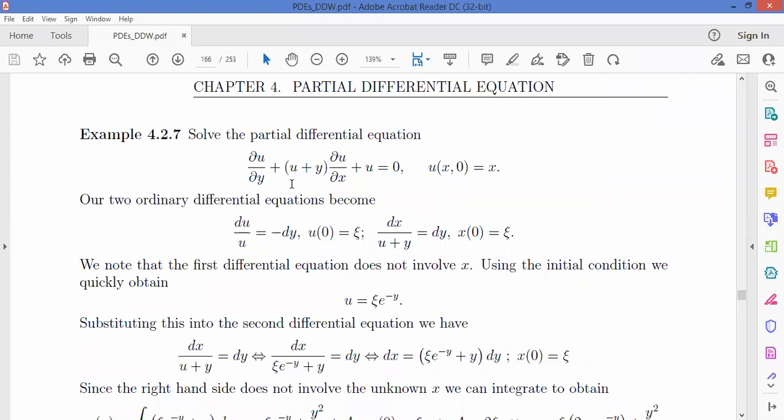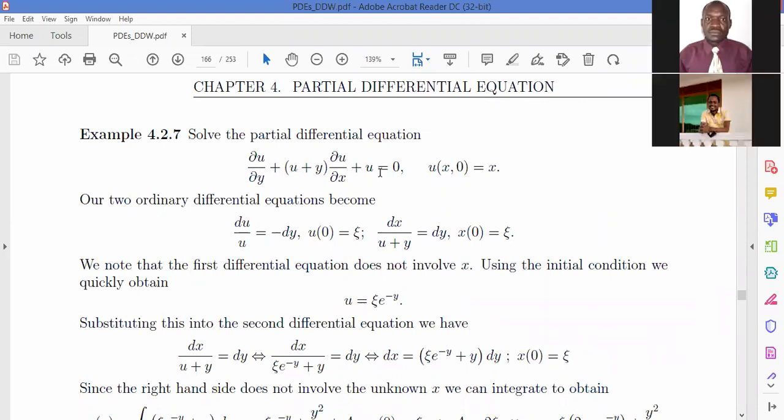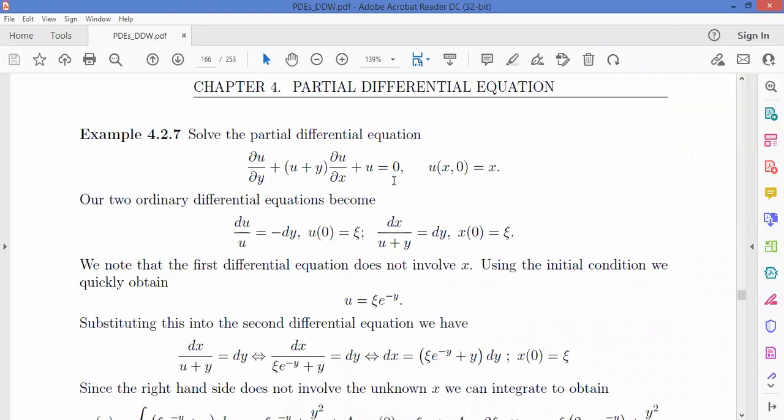I have this and I can write it in terms of the characteristic equation, but please be mindful that in here you have dU, dY, you have dU, dX. Is that okay? And since we have a U here, it means this one can go the other side. I hope I'm with you guys here.